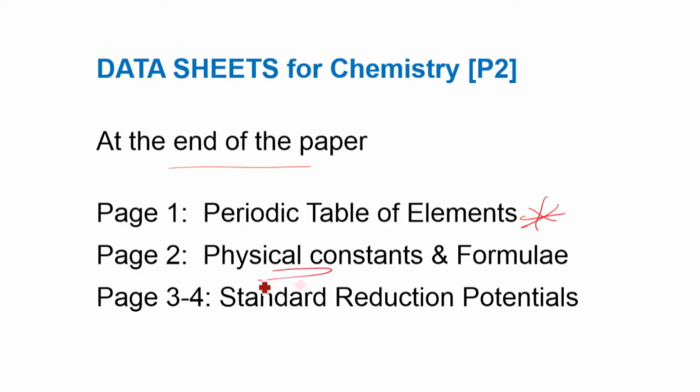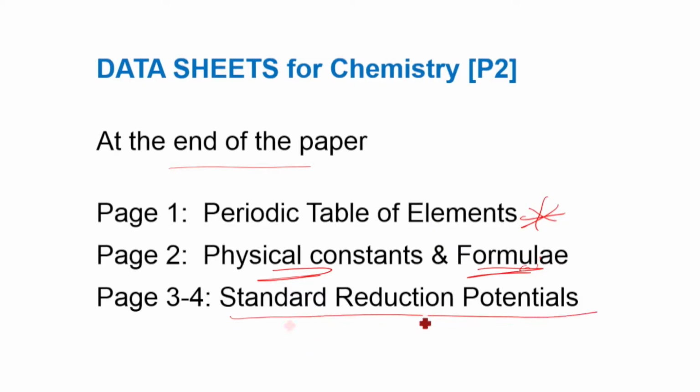Physical constants, not as many for chemistry, and formulae, also not as many. Know what they are, know where they are, know when to use them, and know where to find them without any ado, because that's part of preparing yourself for the exam. Know your way around that physical piece of paper that gets put down in front of you.